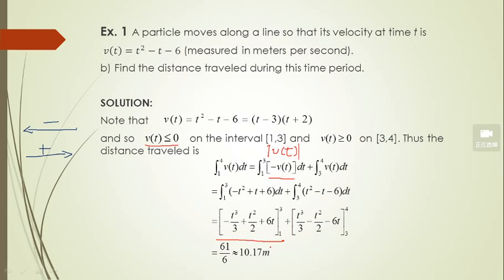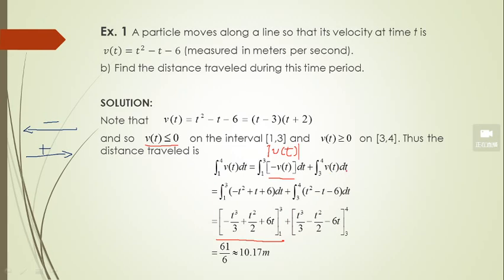So that's why we analyzed the time, okay? Because if you couldn't analyze at which time interval the velocity is negative and at which time interval the velocity is positive, then you are not going to separate the 1 to 4, okay? You can't separate the time from 1 to 4 seconds in that way.